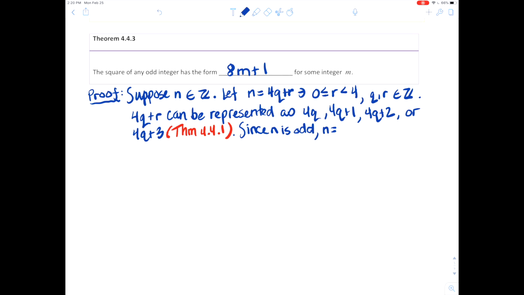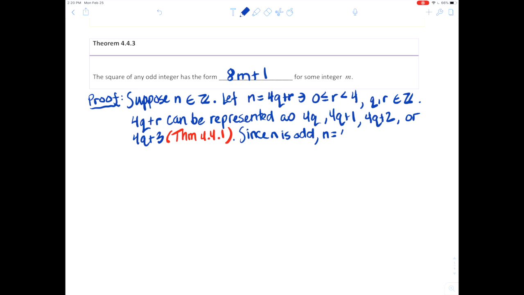Remember, I think we did this in another lecture. We showed that 2 times 2q, wouldn't that part of it be even? So if you're adding an odd to that, you'll end up with an odd. So n has to just be one of 4q plus 1, or n could be 4q plus 3.